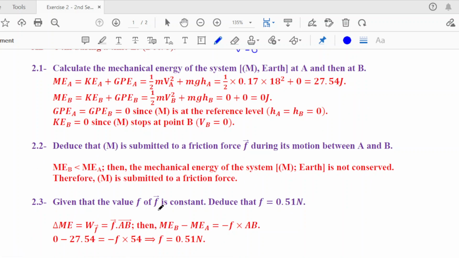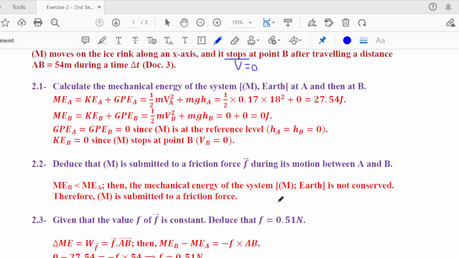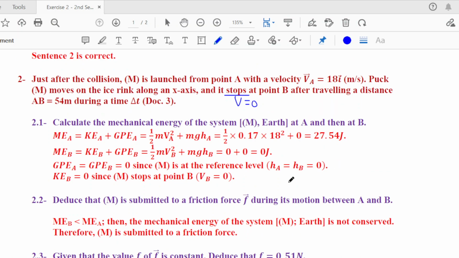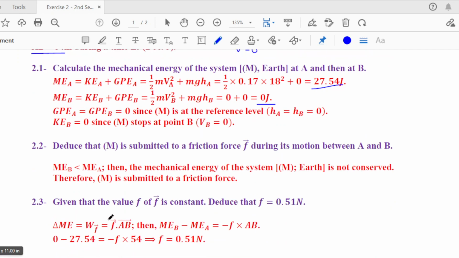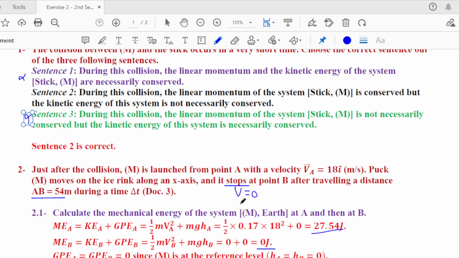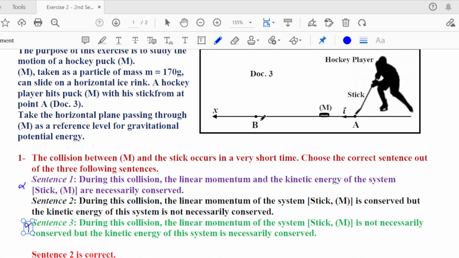Given that F is constant, deduce it. The initial mechanical energy at A is 27.54, there is the final mechanical energy, and the distance is given. So we use delta mechanical energy equals work done by friction. Between A and B, A is the initial position and B the final position.